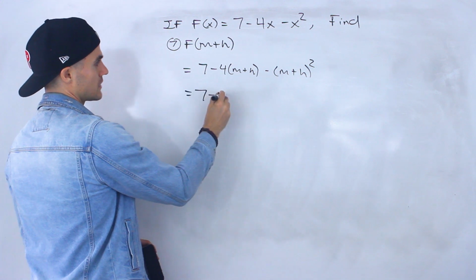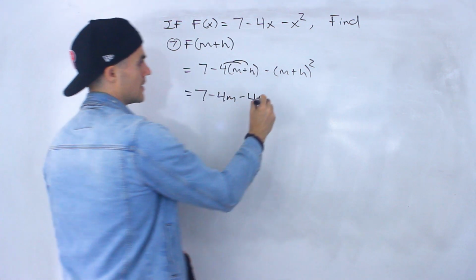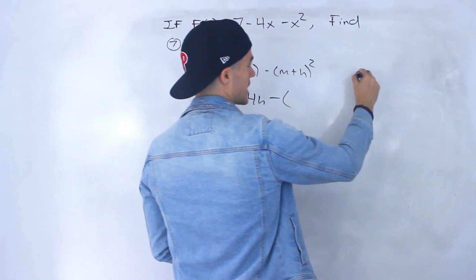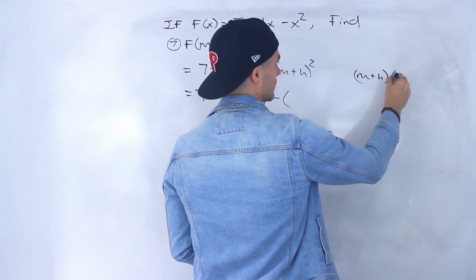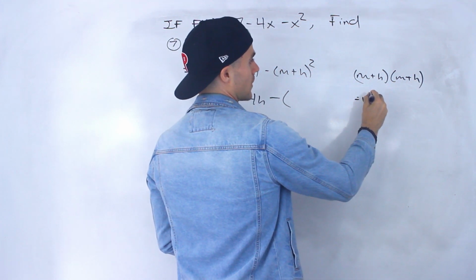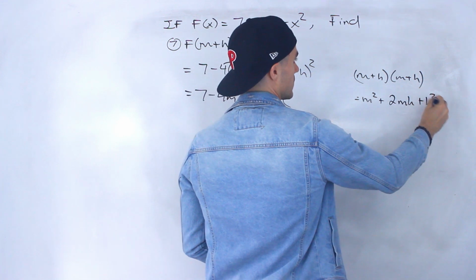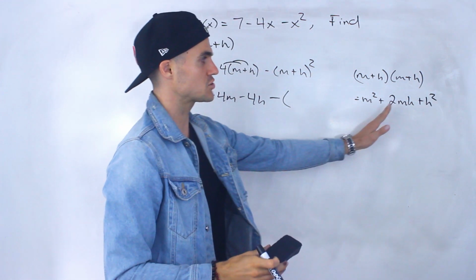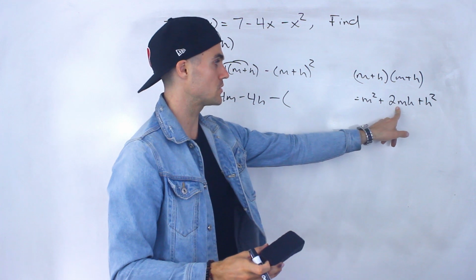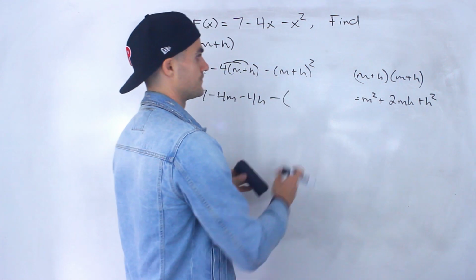Here we'll have 7 minus 4m minus 4h after we distribute, minus now m plus h times m plus h. We'd get m squared plus 2mh plus h squared. You'd end up having mh plus mh, and that would simplify to 2mh. Those are like terms.